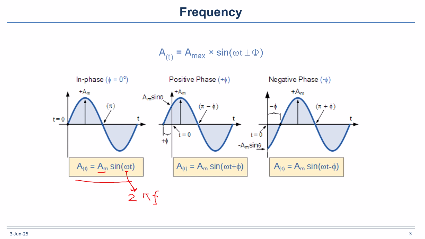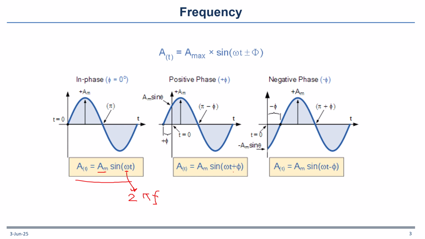And t is the time. So if t is 0, the sine will be 0, so the whole will be 0. If this is the maximum value, the sine will be 1, then the value will be the maximum. Then it goes to negative and goes to 0 again.